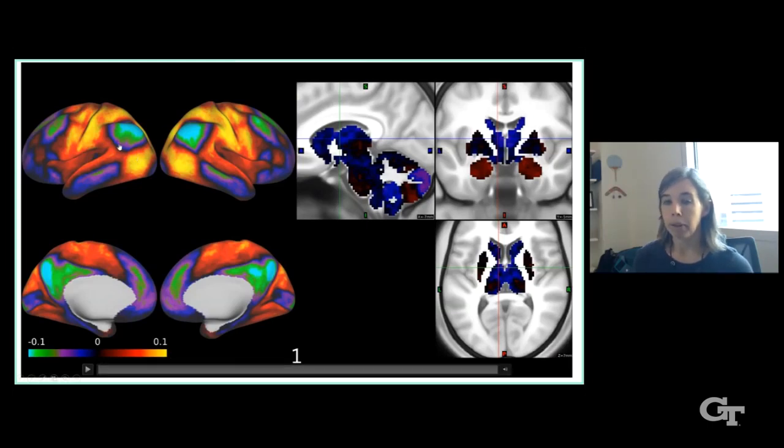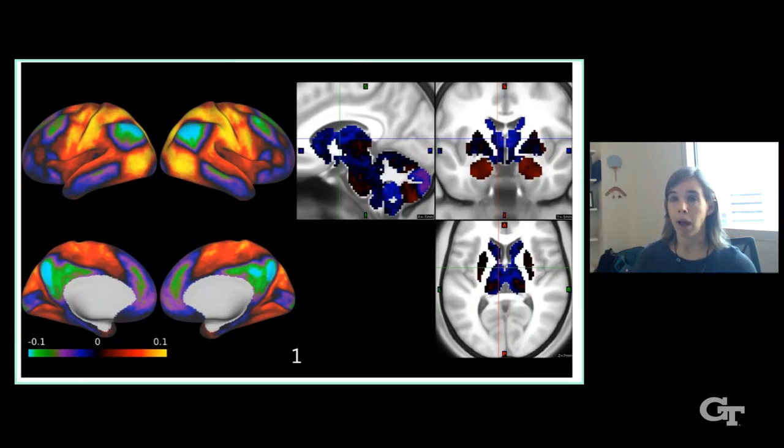And what you see at the very beginning is interesting in and of itself because it contains two networks that have been described ever since people started looking at resting state fMRI. One is the default mode network, which is currently in blue, and that has been associated with some sort of internal focus, mind wandering, not doing anything in particular.